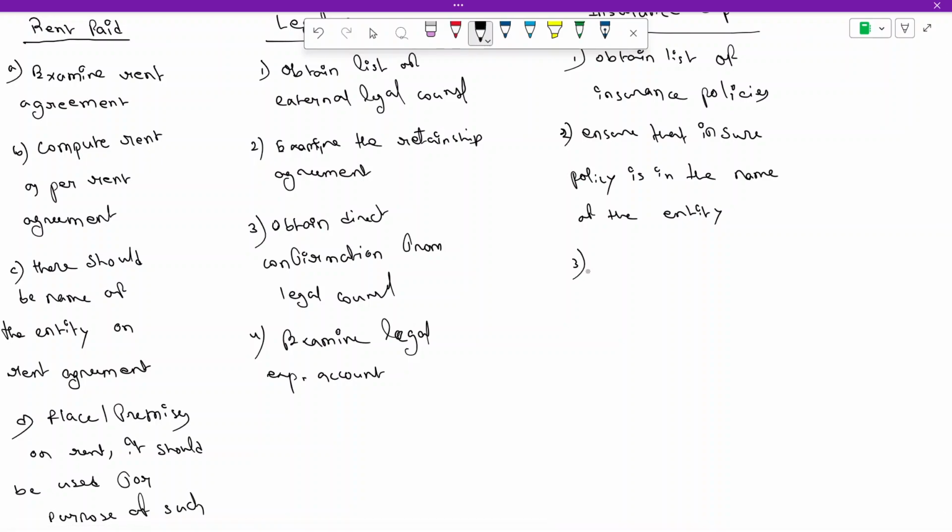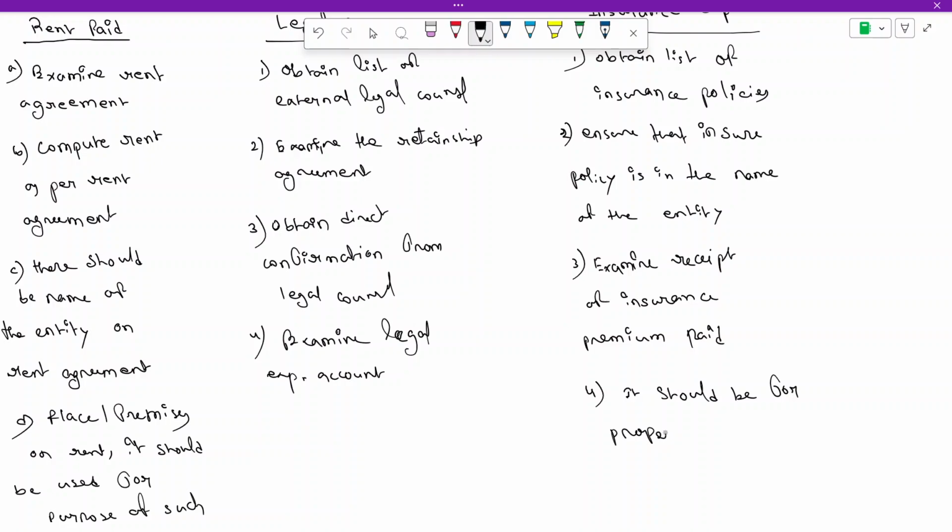Examine the receipt of insurance premium paid, and it should be for the proper period.